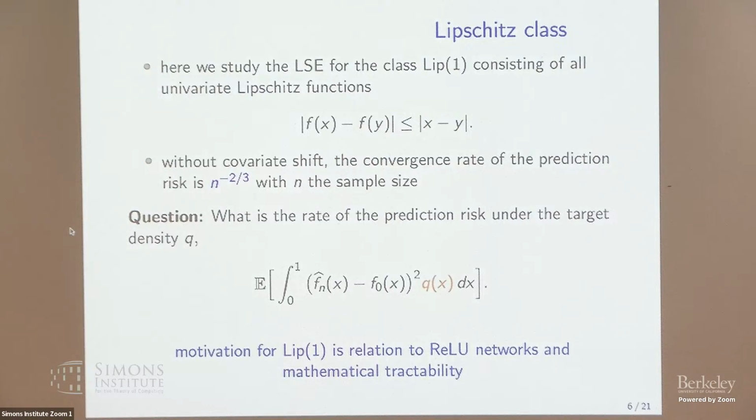Here the smoothness is 1 and the dimension is 1, so 2 beta over 2 beta plus 1 becomes n to the minus 2/3. That's the convergence rate we obtain under the source distribution p. But if q is very different from p, when does that deteriorate? And which type of convergence rates can we expect in this case?